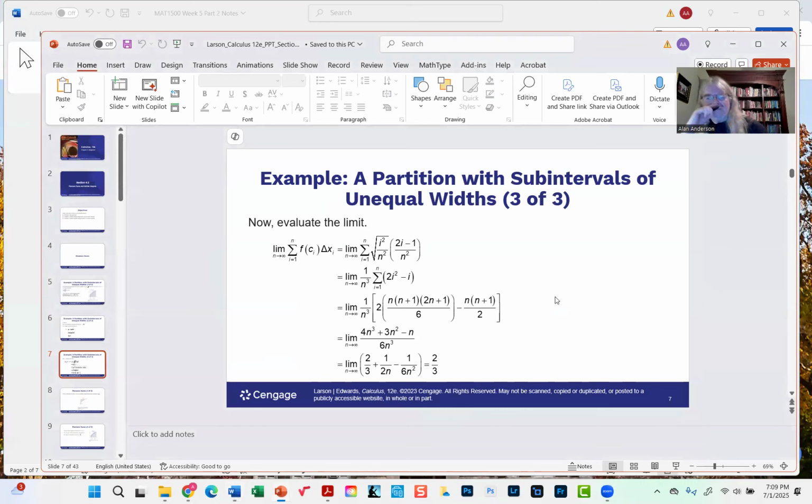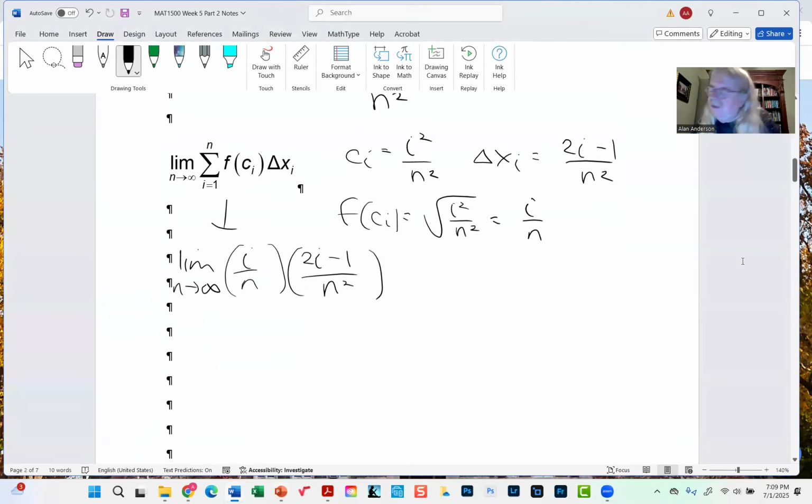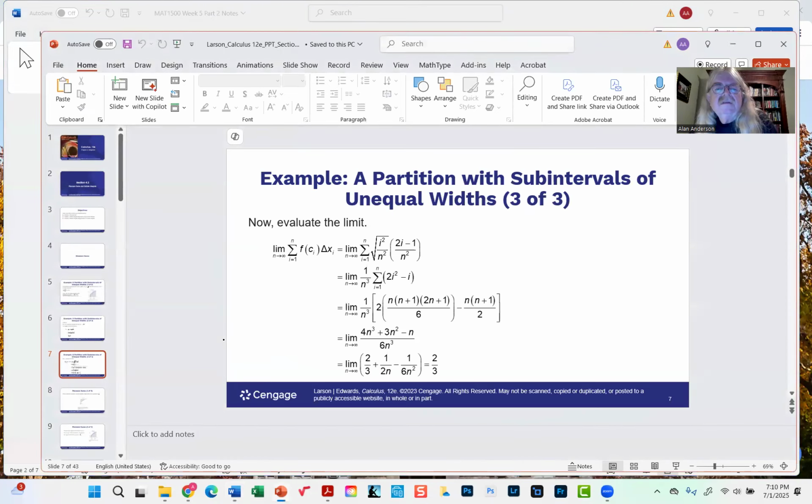Well, as it turns out, by doing a little algebra, you can see that we're factoring out n cubed because n is a constant, remember. So that leaves us with i times 2i squared minus i.